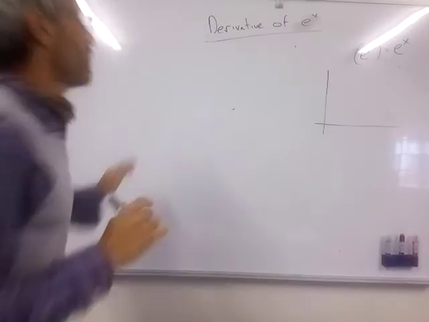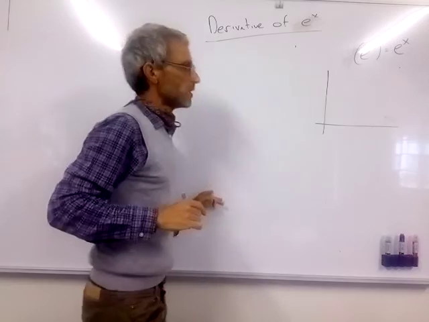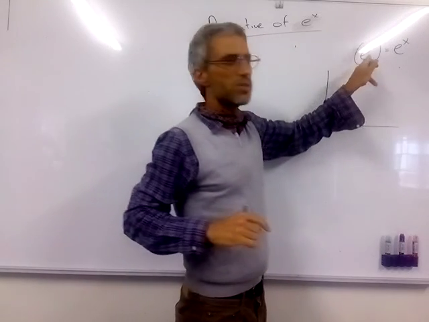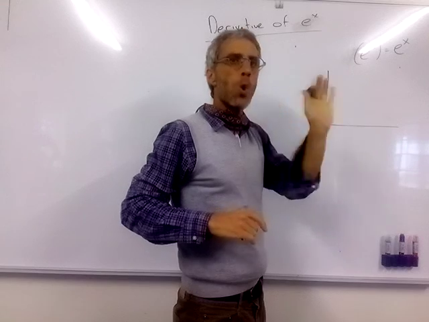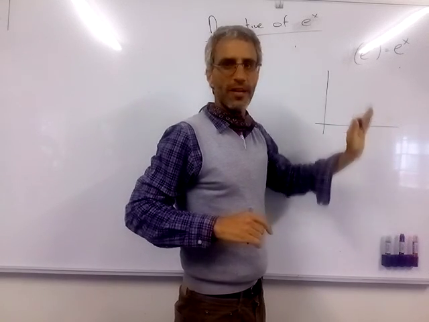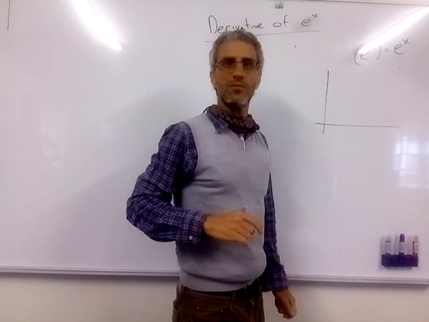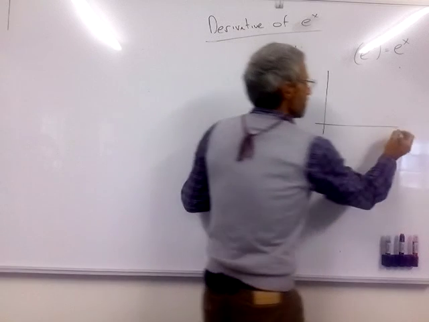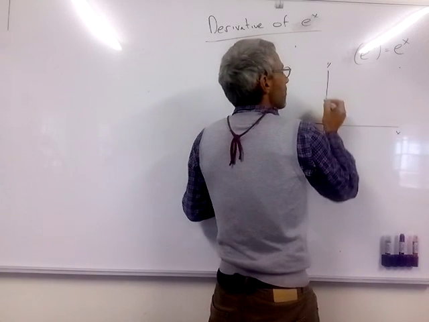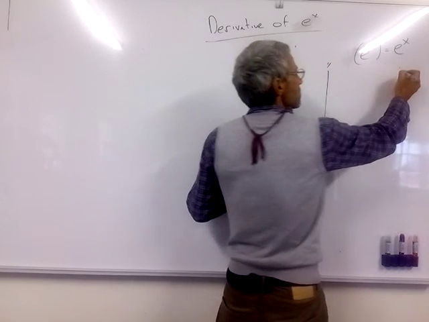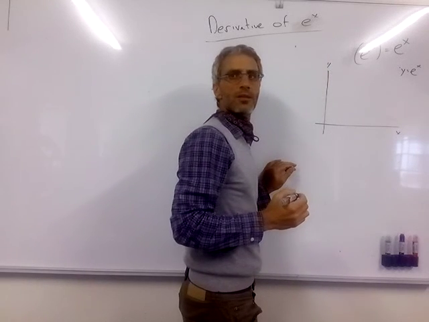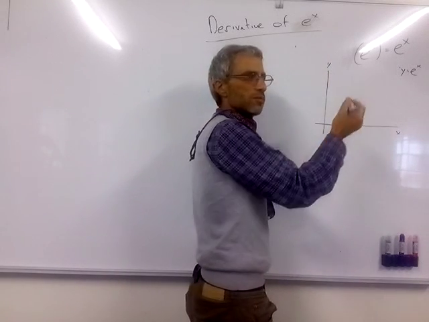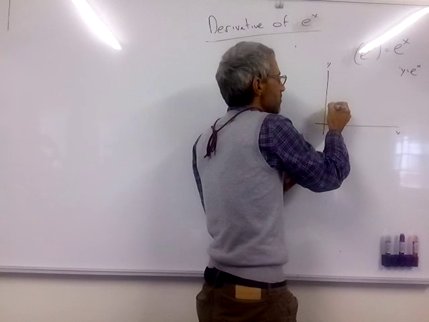Okay, so just before we start solving examples, let's look again. What does that mean? It's actually the only function that is equal to its derivative, which is quite unique. So if I have x and y, and I want to plot y equals e to the power of x, what would it look like? It's exponential.